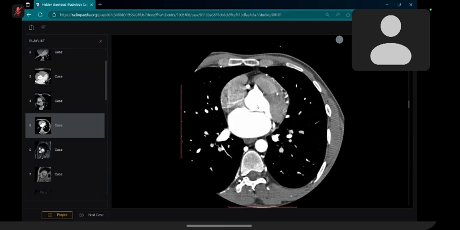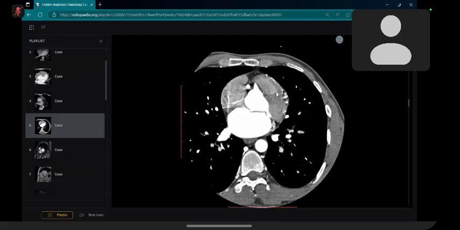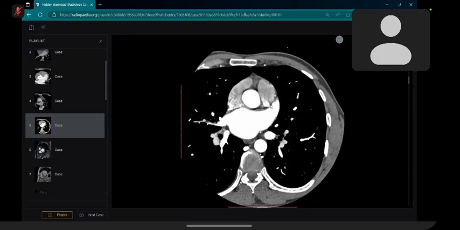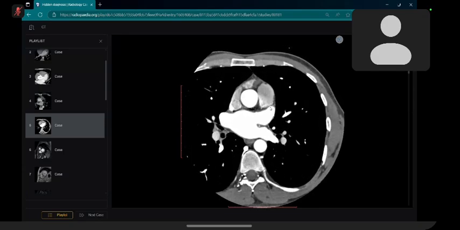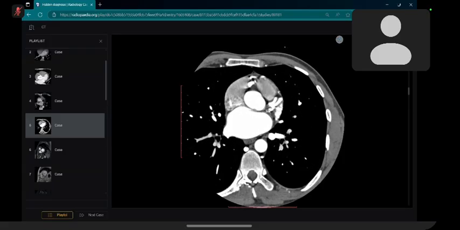Then I'll scroll down, and I cannot appreciate the origin of the left coronary artery, and I would like to trace it.